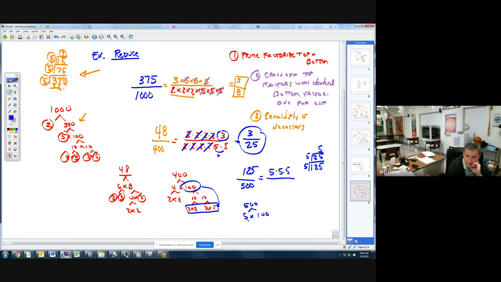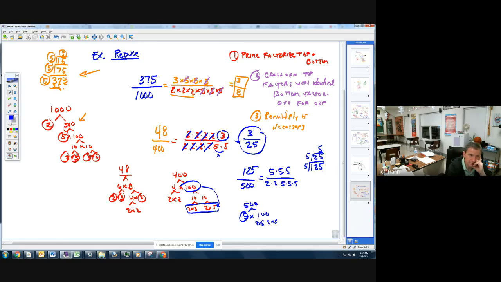So I have a 5, which I can stop with, and then 100 is 2 times 5 times 2 times 5. That's that same 100 that this 100 was over here. So writing these from least to greatest, I get 2 times 2 and 3 5s.